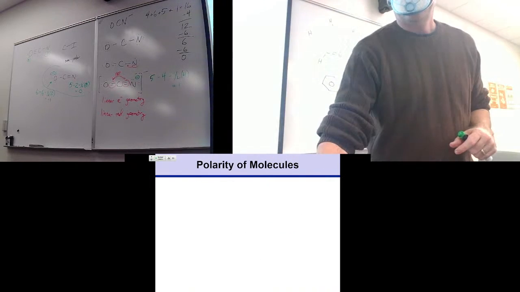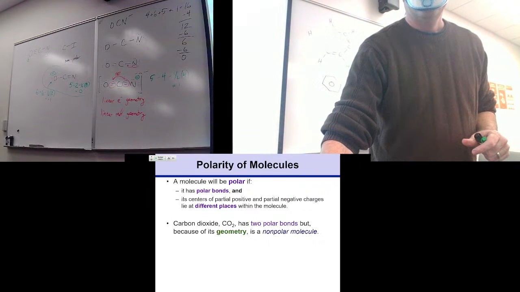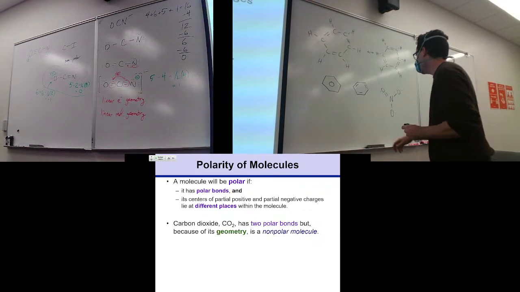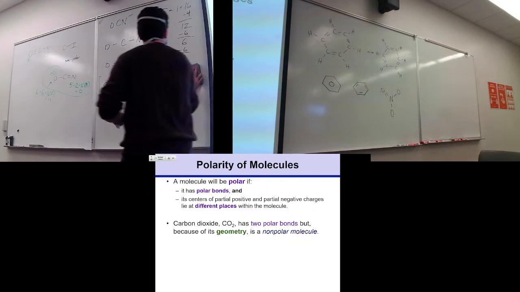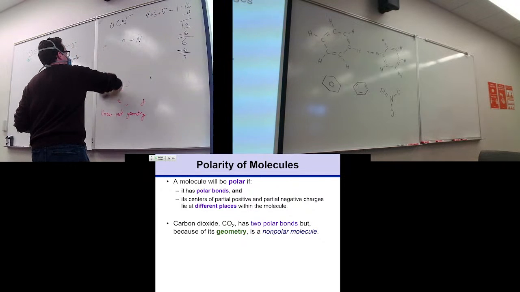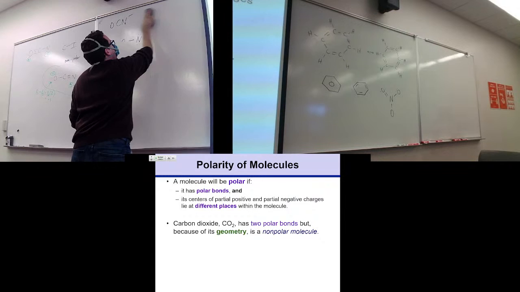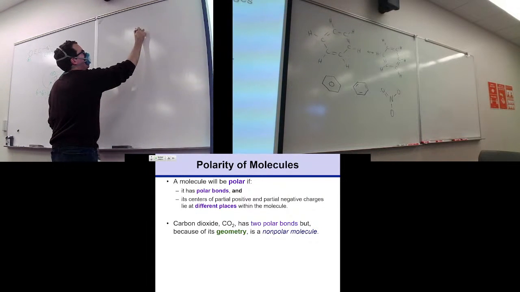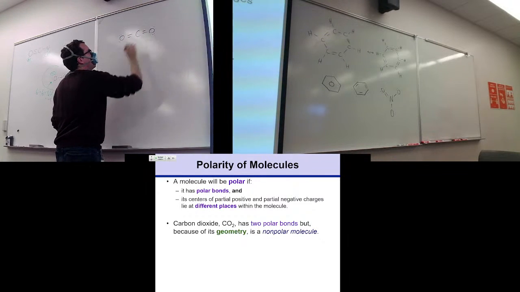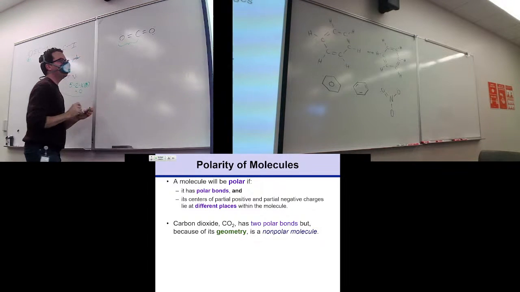So let's start with hopefully a simple one. Carbon dioxide. I think this is the easiest one to see. Let's do the Lewis structure. It has two polar bonds in it, but each polar bond is kind of opposing the other one. What I mean by that is, here's CO2. If I look at each bond separately, looking at this bond, that's a polar bond.